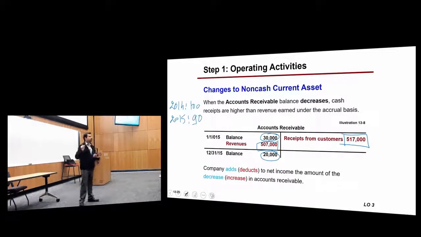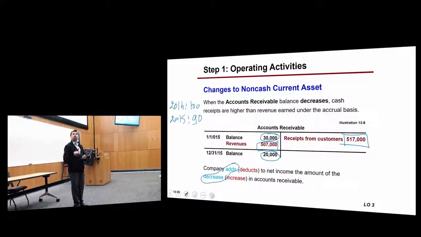This example is a decrease in accounts receivable. So when you have a decrease in accounts receivable, you add it. If you have an increase in accounts receivable, that means the company this year recorded those revenues, however, they did not collect all of them.